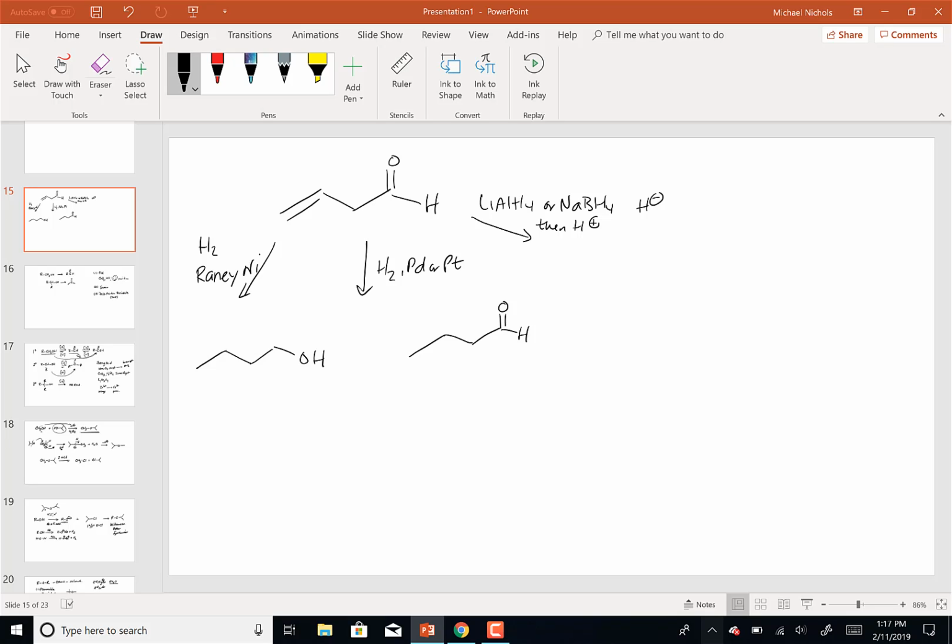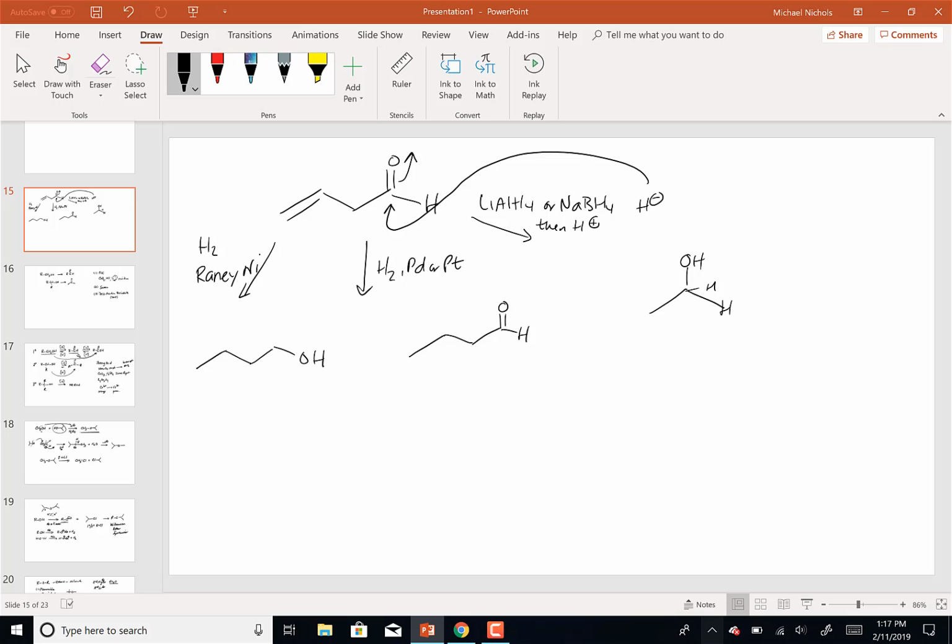The carbonyl carbon bonded to the oxygen. So the H minus is going to come in and add to that carbon. And so after the H plus, H2O step, I'm going to turn that part of the molecule into a primary alcohol.